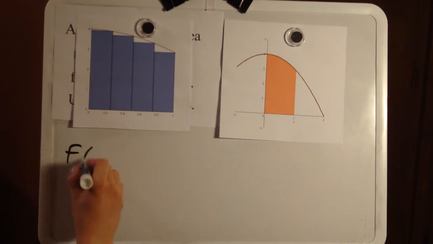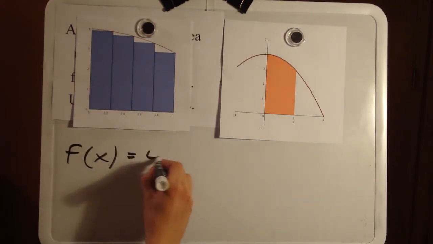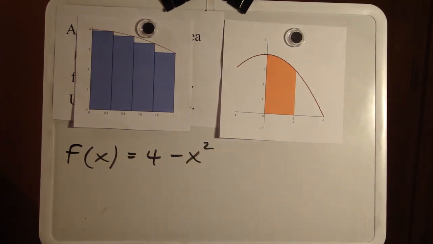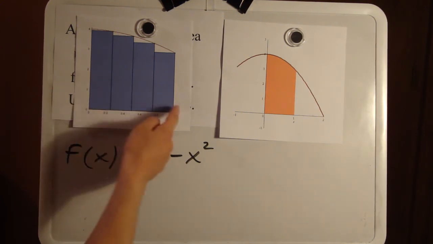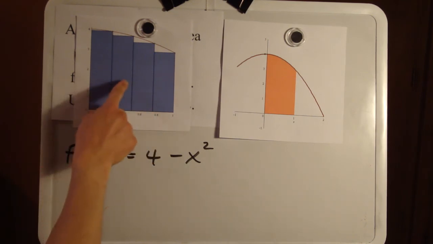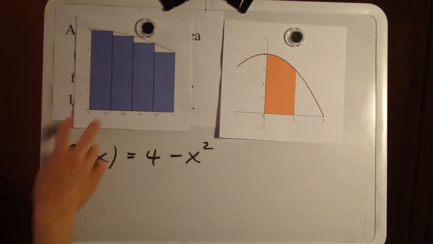So the function in the problem is this 4 minus x squared. If you wanted to look in detail, how do you find the area of this first rectangle? The key here is going from 0 to 1, this will have a width of 1. And if you count 4 rectangles, then that means the width of each rectangle will be this entire length divided by 4.